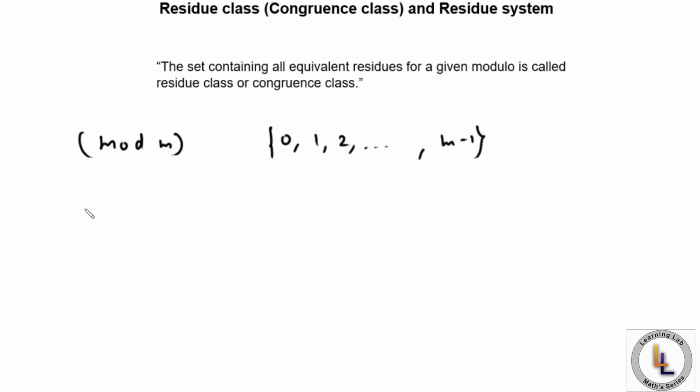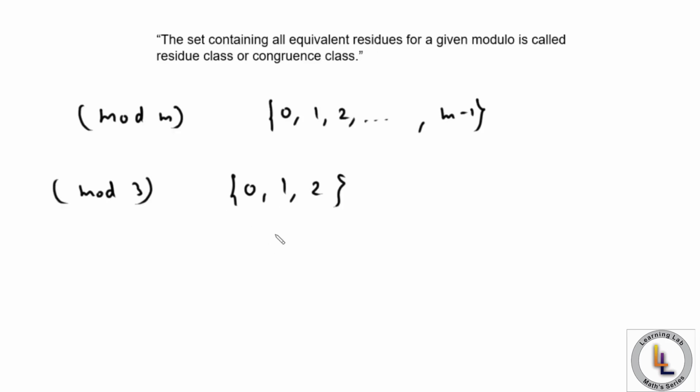So if we are dealing with mod 3, the permissible values are 0, 1 and 2. For each element of this set we have a different residue class. For the first element 0, we have the first residue class for mod 3. This is written as 0, 3. This is the notation of a residue class.